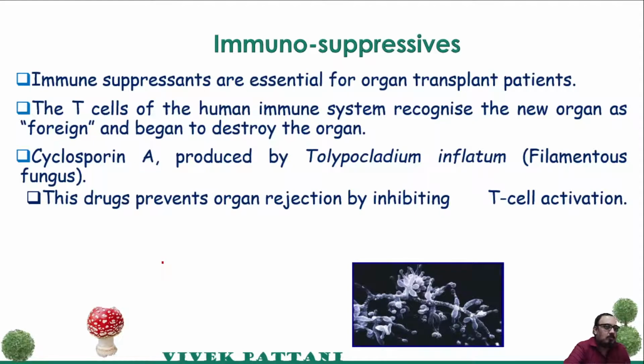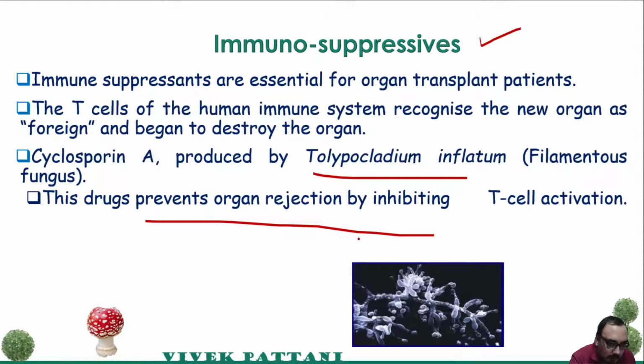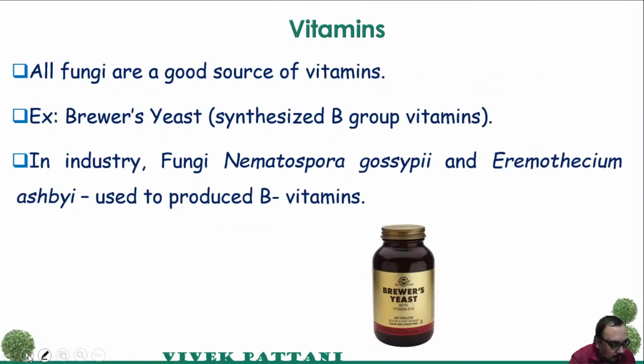Now as immunosuppressives, there is cyclosporin, which is produced by Tolypocladium inflatum. This drug prevents organ rejection in organ transplants by inhibiting T cell activation.